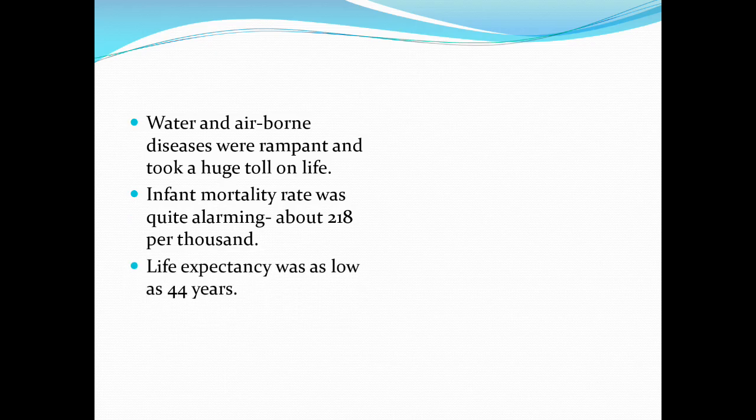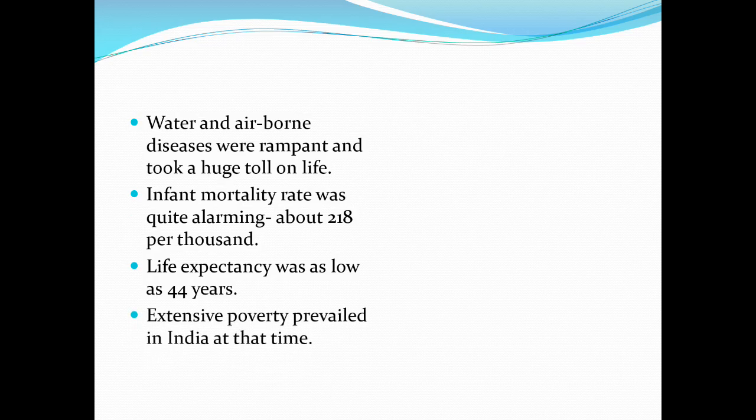Life expectancy was as low as 44 years. So that was the maximum age one could live. And moving on to further age, either they would have some kind of disease or any kind of issues, and that's how they would lose their life. Extensive poverty prevailed in India at that time.